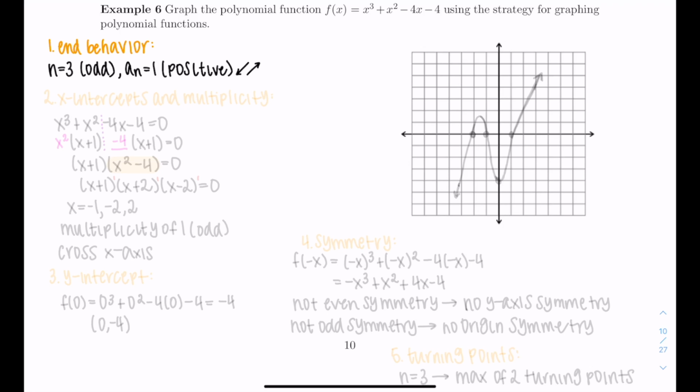The second step is to find our x-intercepts and the multiplicity. And so we want to set this equal to 0 and factor it.